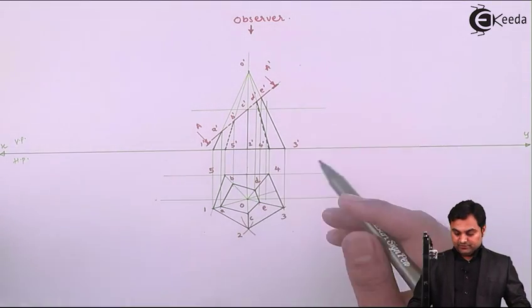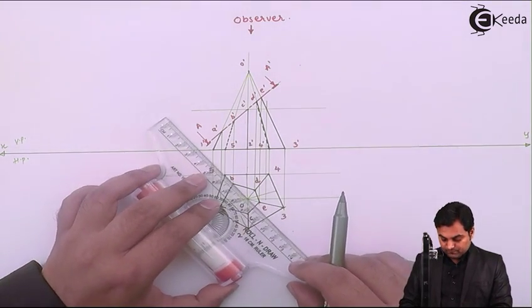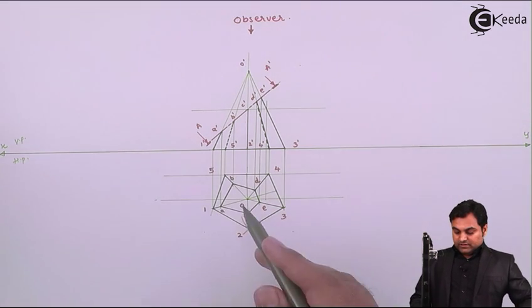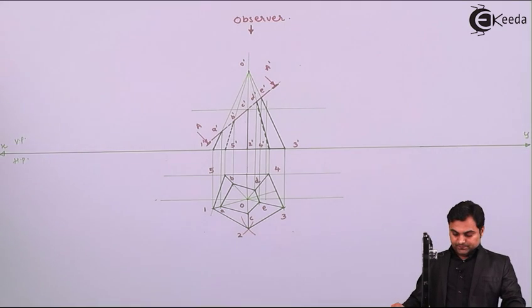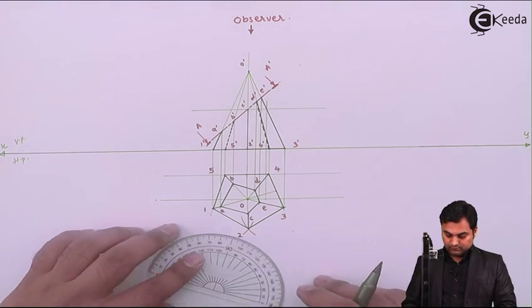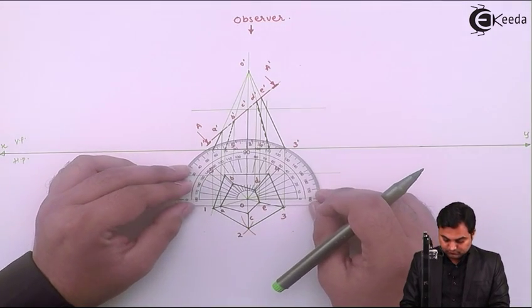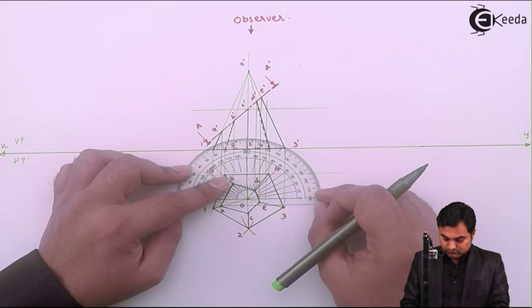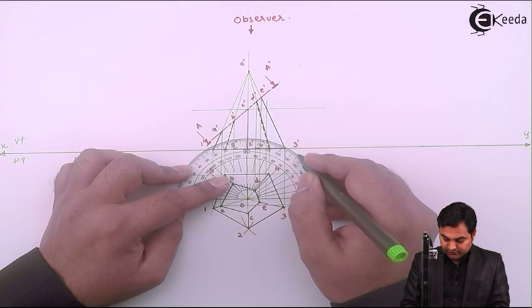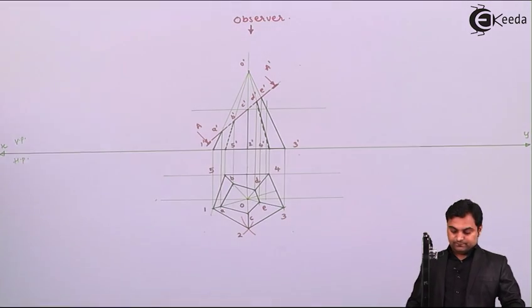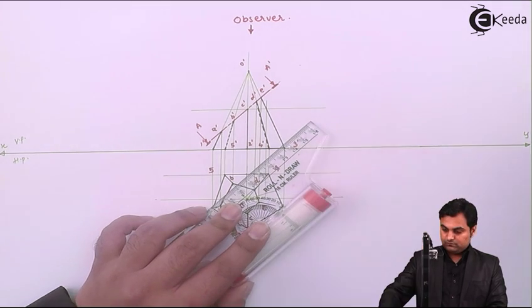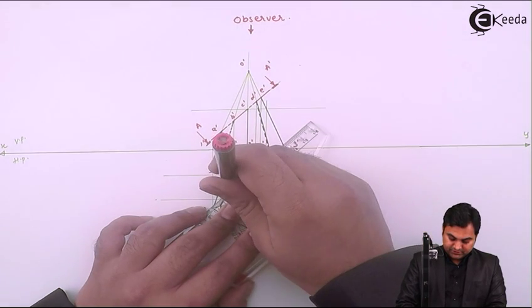B to 5 is visible. Next, I'll draw the section lines over here. Measuring an angle of 45. Drawing section lines.